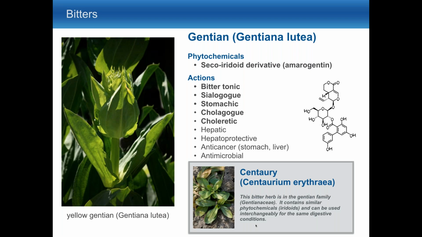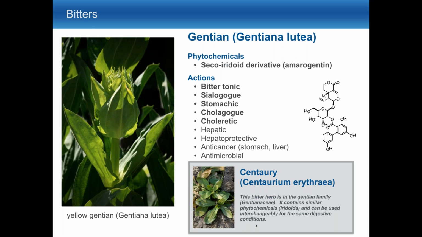I think that the problem is I'm trying to give you a bunch of stuff and you can't just memorize everything. If you remember it's a bitter, you're going to know it's a sialagogue, stomachic, cholagogue, choleretic, and a hepatic, maybe hepatoprotective. That one you would be able to figure out. Maybe anti-cancer, but you wouldn't be able to figure that out just from being a bitter necessarily, although it wouldn't surprise me.